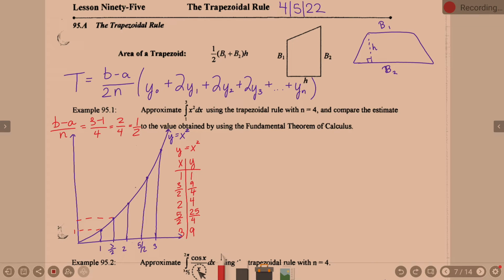When x is 3/2, this was 9/4. Those are the y values we just found. With each of those x values, we need to know the y values and what the heights are. We did that by using the equation.